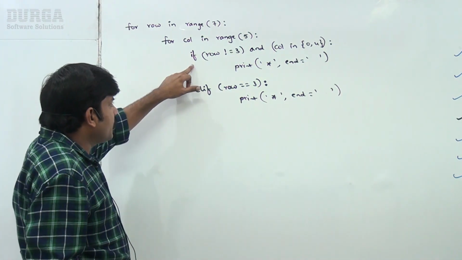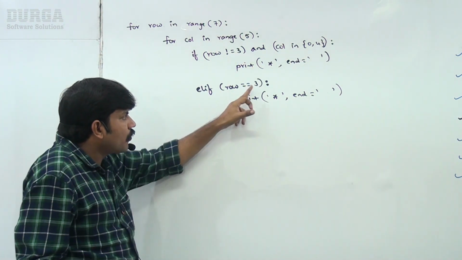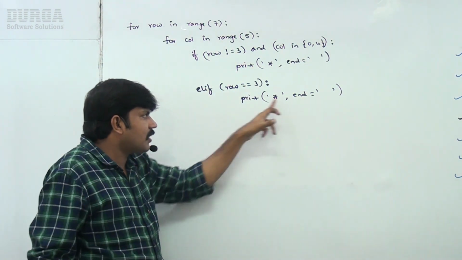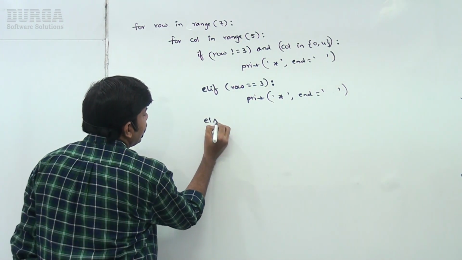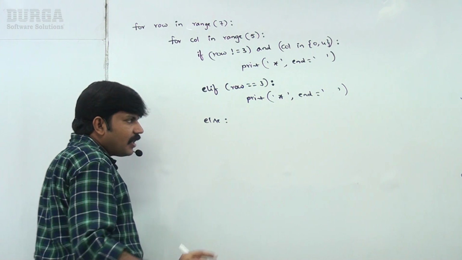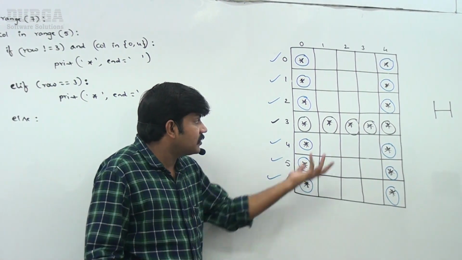So if row is not equal to 3, that is one case; if row is equal to 3, in all column positions take a star. Else, because all star symbols are already covered, the remaining cells are only spaces.